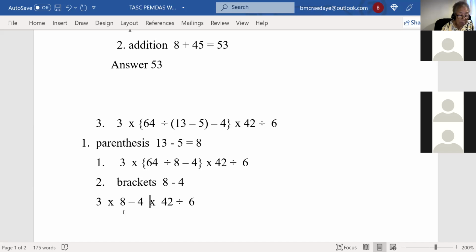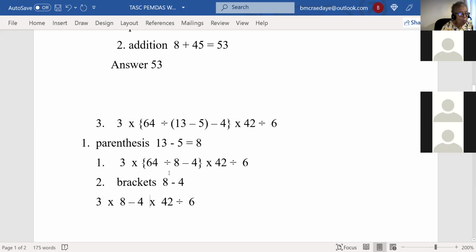Okay, now 8 minus 4. Well, 8 minus 4 is 4. And then when we multiply that out, we have 3 times 4.